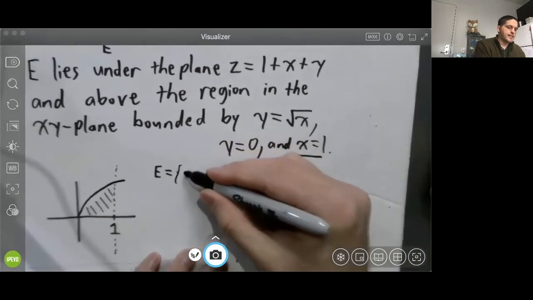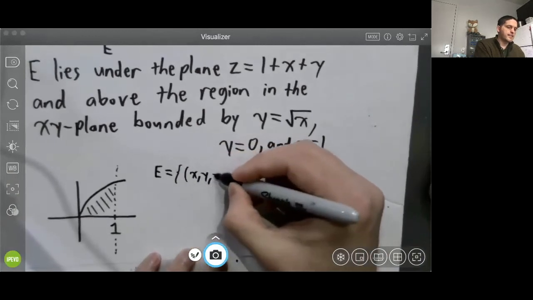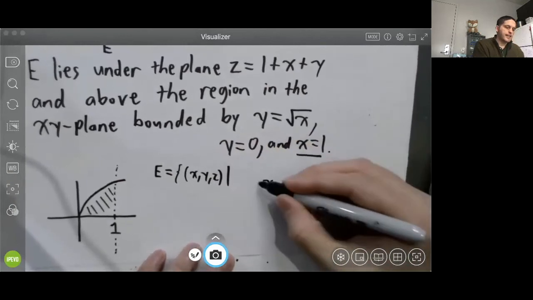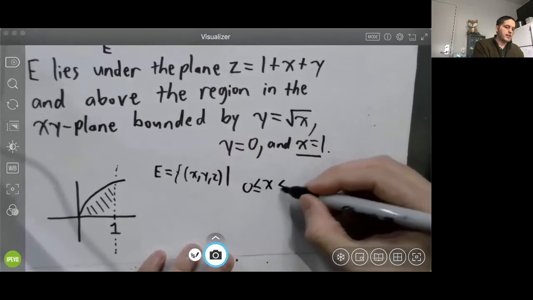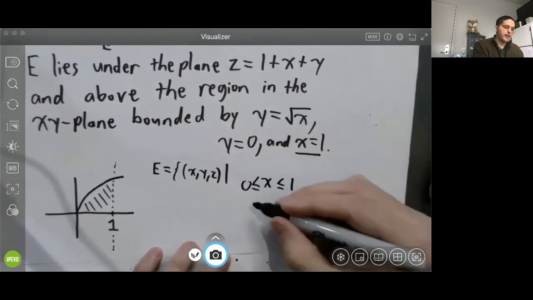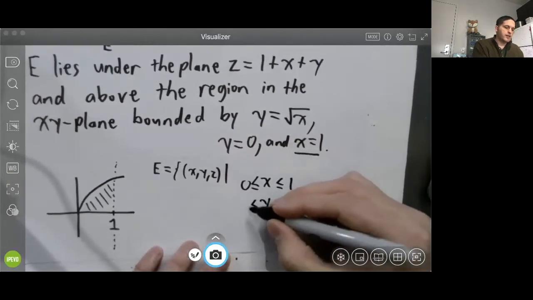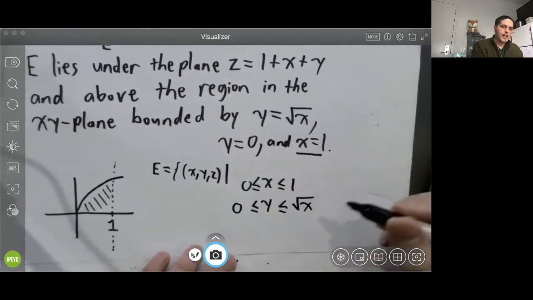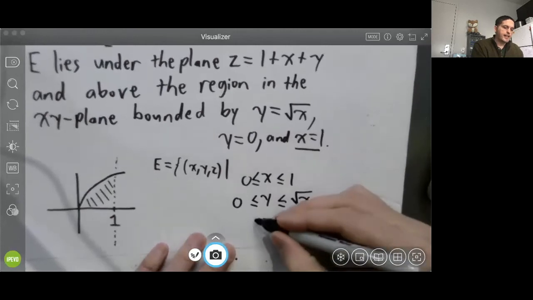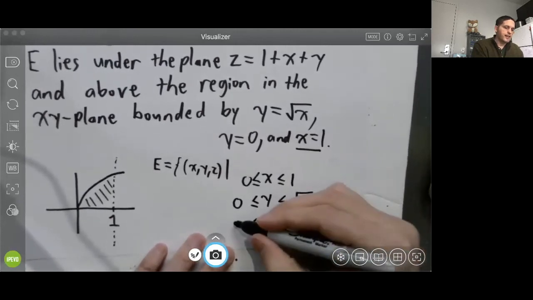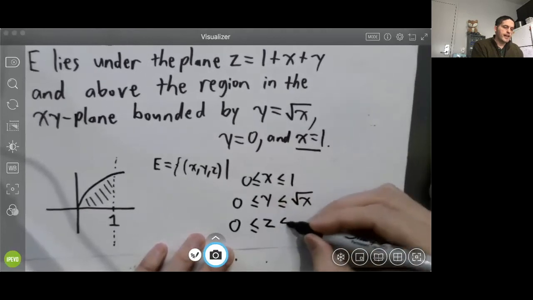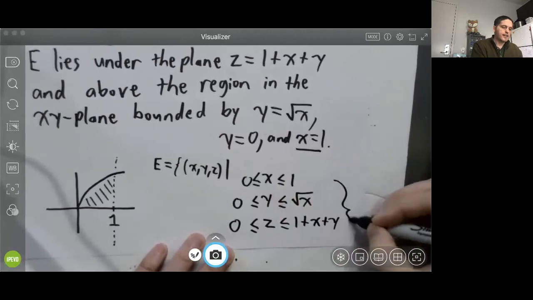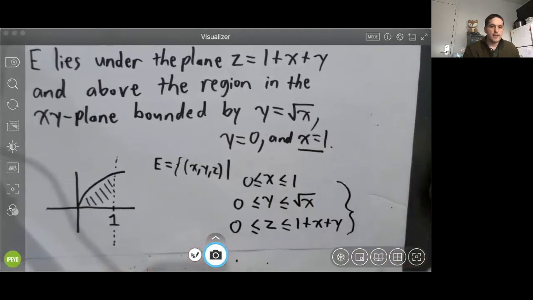E consists of all points x, y, z, such that x is between 0 and 1, y is in between 0 and the square root of x, and finally, z is in between 0 and 1 plus x plus y. This is our description of E.